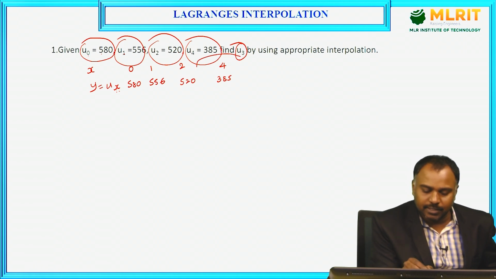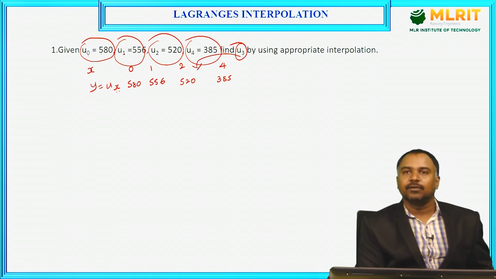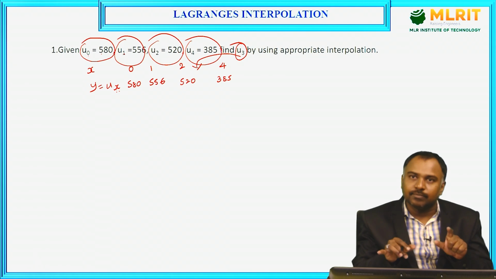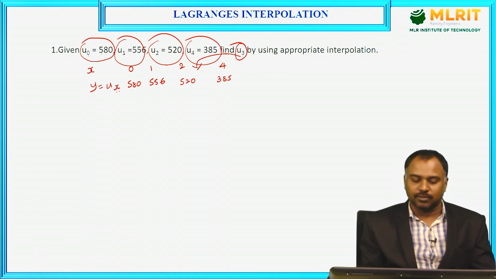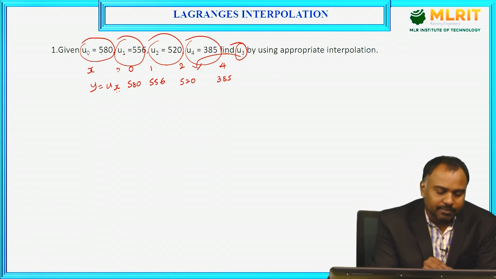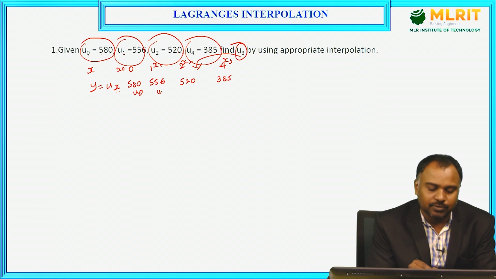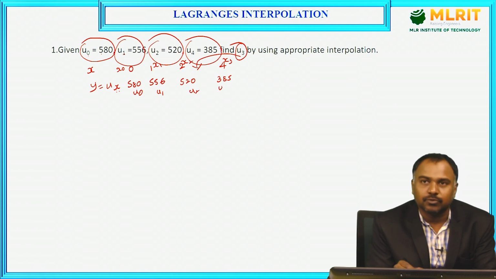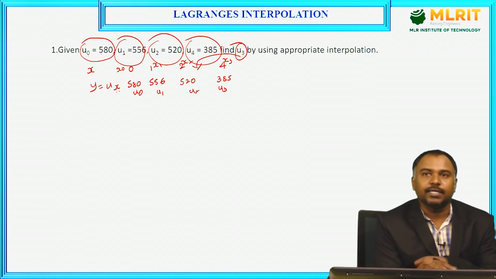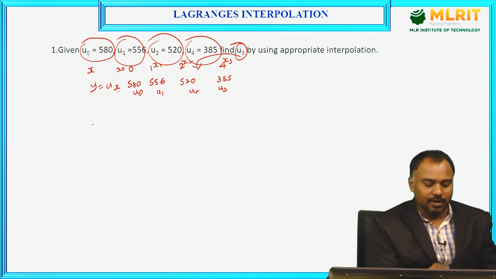This 3 lies inside the table. Inside the table, the concept is called interpolation. To understand easily, I am giving the notations x0, x1, x2, x3 and the respective function values u0, u1, u2, u3. Now we need to substitute in the formula.